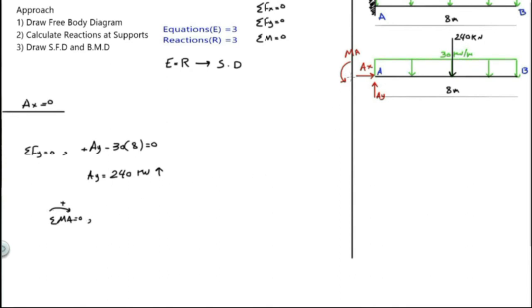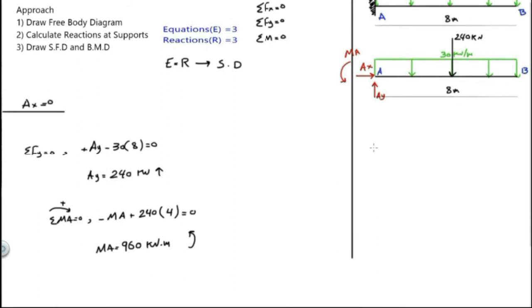So we have minus ma because it's rotating counterclockwise, plus 240 multiplied by 4, which is the distance from the load to the point, equals 0. Finally, ma equals 960 kilonewton meter, and it's rotating counterclockwise. So this assumption is correct.